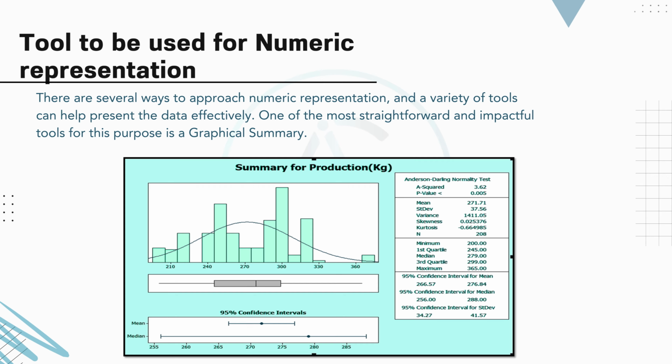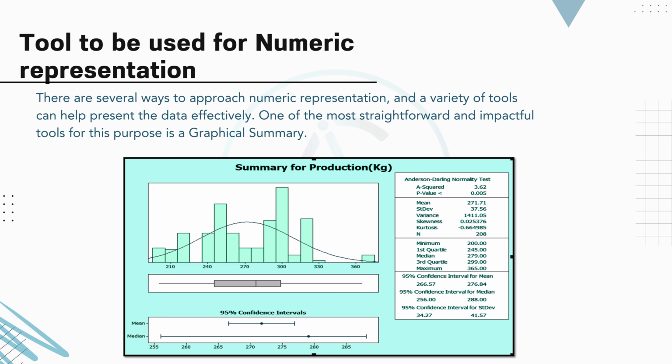The histogram shows the frequency distribution of the production data in kilograms. The box plot below it highlights the spread and identifies potential outliers. On the right side, we have detailed statistics such as the mean, median, standard deviation, variance, and results of a normality test, Anderson-Darling.